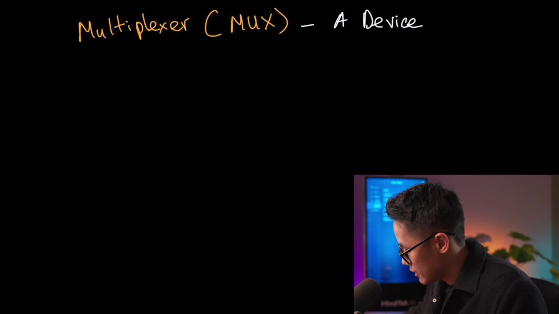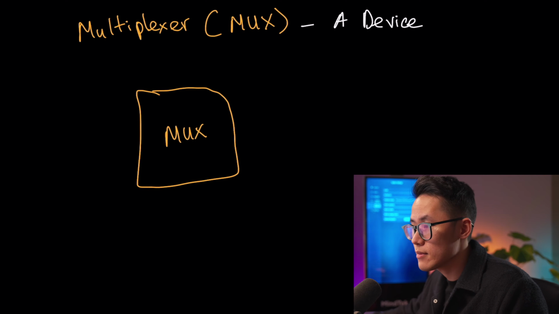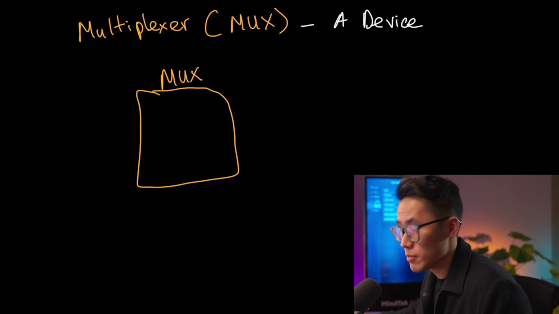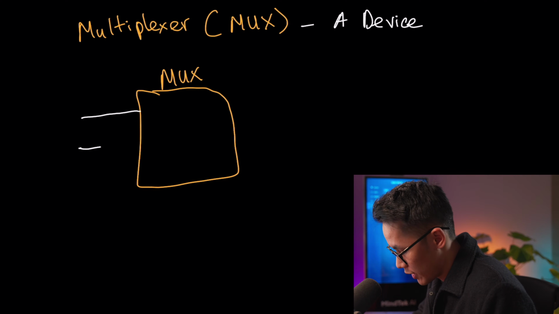So let's say this is a MUX. Okay, so I have a MUX in here. And in this MUX, I will have multiple inputs coming in. So I'll have 4 input lines.